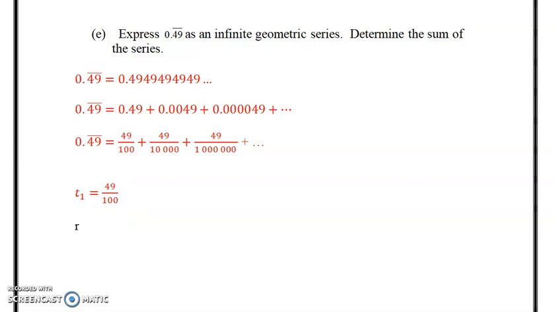And what's our R value? Well, the numerator is not increasing, so the numerator is 1, because 49 times 1 is 49, times 1 again is 49. Our denominator is increased by 2 zeros, so that's 100. So our R value is 1/100th, or 0.01.